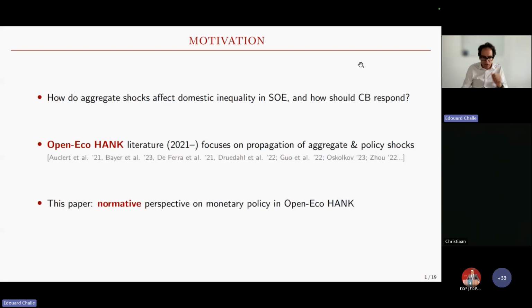Okay, and what we're doing in this paper, we aim to provide a normative benchmark. What is it that the central bank should do? Not only what it does and how it affects the response to macro shocks, but what it should do in response to those shocks when those external or domestic shocks affect the distribution of income.